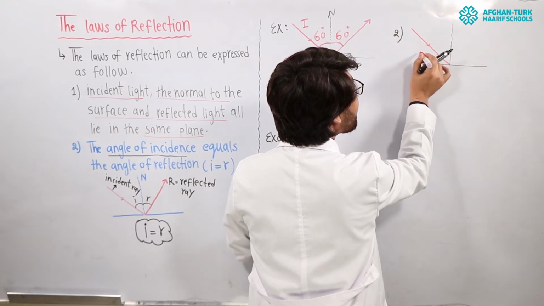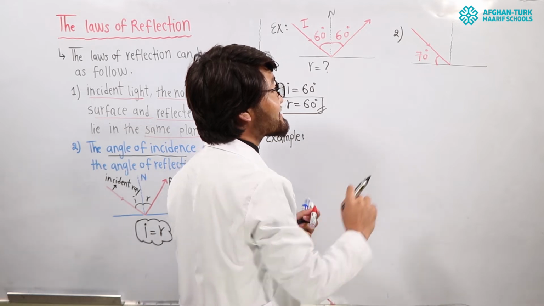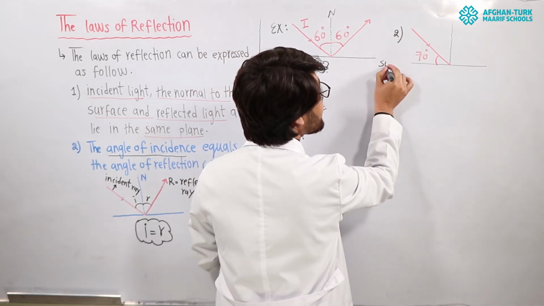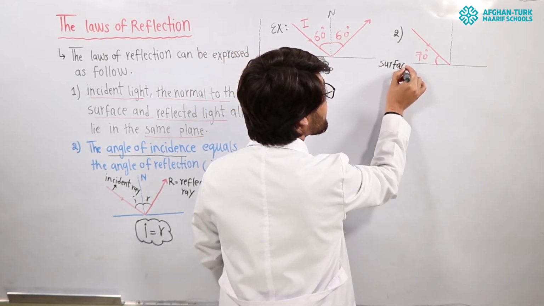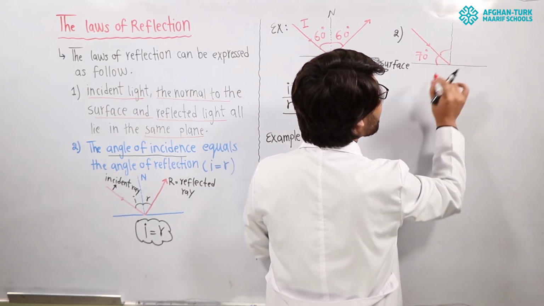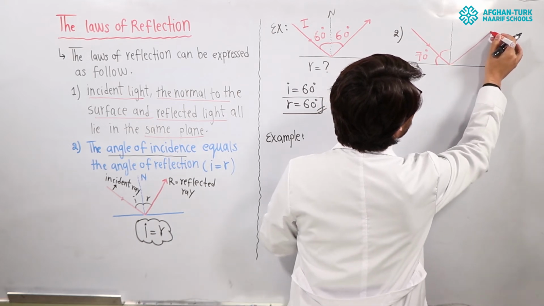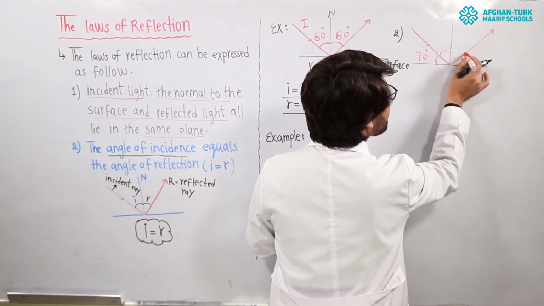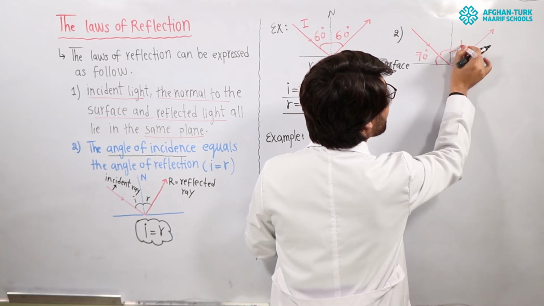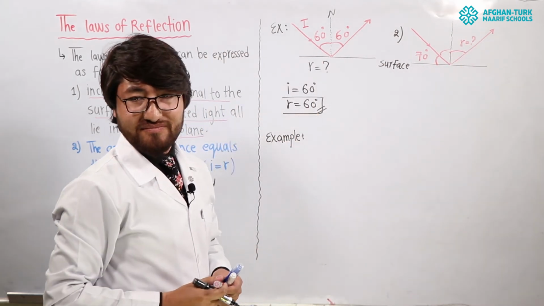The incident ray makes 70 degrees with the surface. This is the surface. The question says find the ray reflected from the surface, R. Find the angle of reflection.